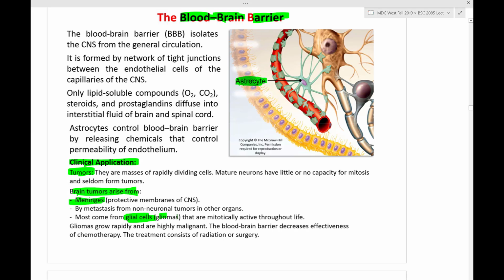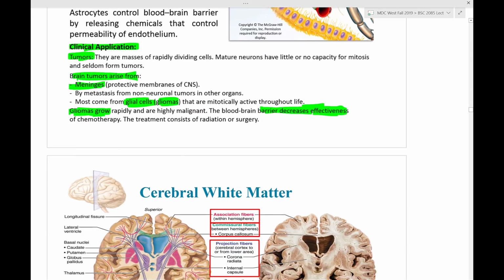Gliomas are the most common type of brain tumors. What they do is disrupt the blood-brain barrier, and as well when you give chemotherapy, that kills your astrocytes and disrupts the blood-brain barrier as well. Okay? And that's the treatment for it.